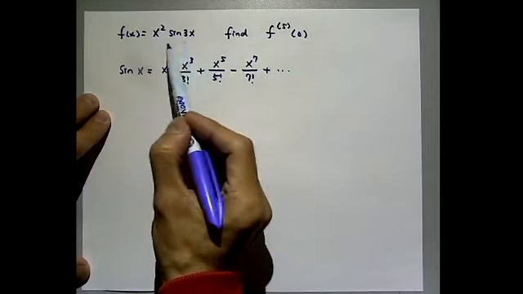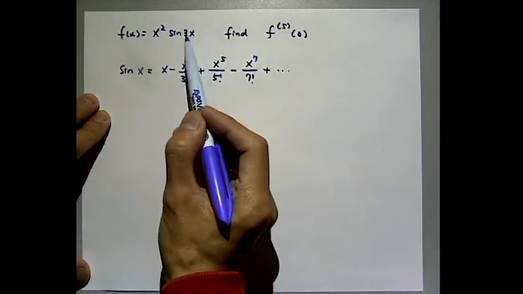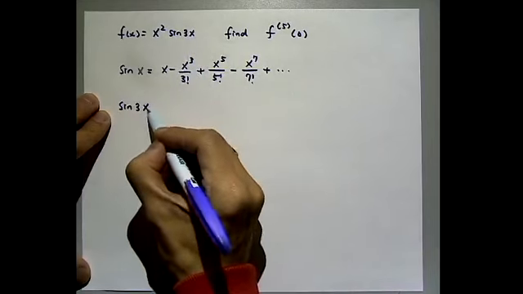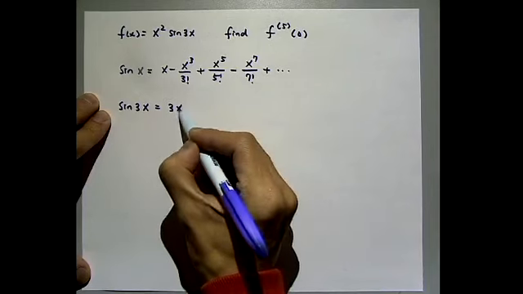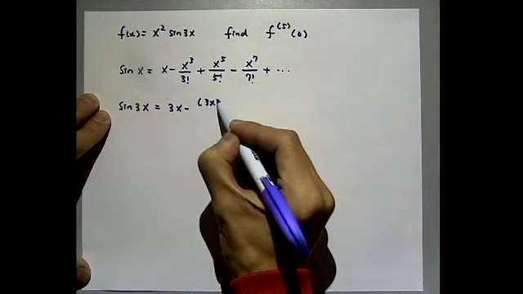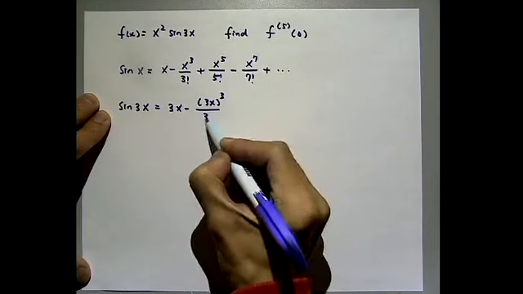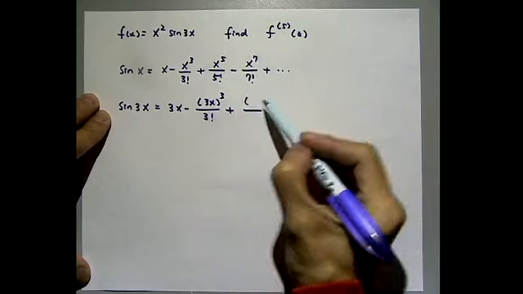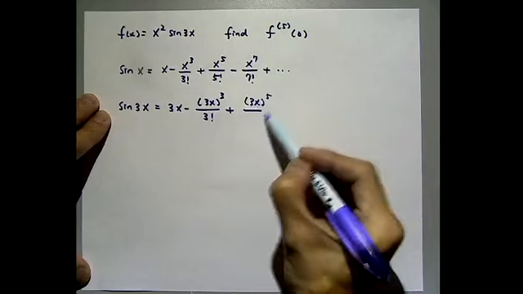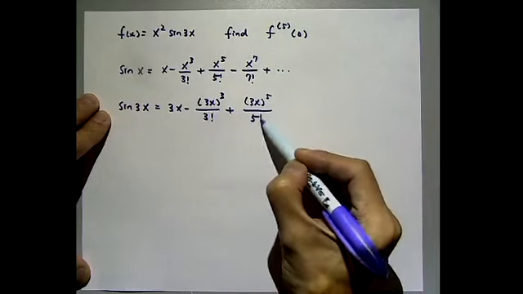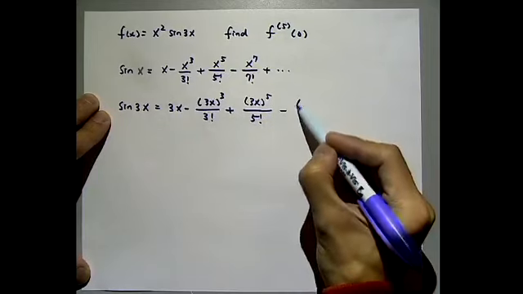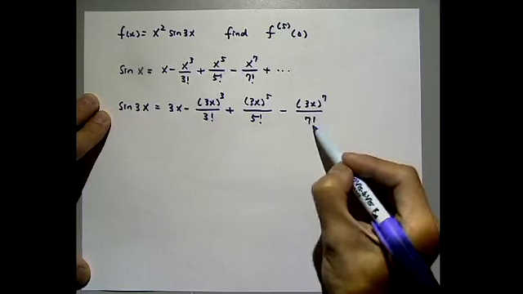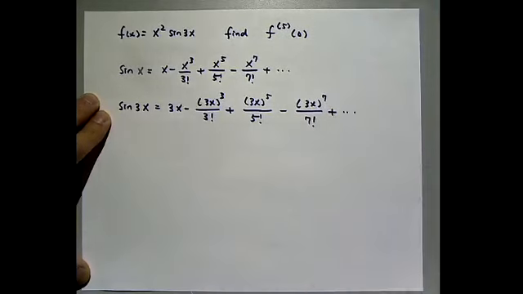Then you put together a power series of sine of 3x. And you just simply replace every single x with 3x. Right?